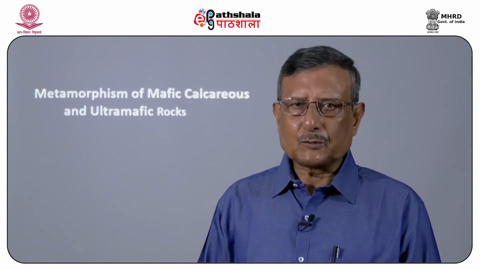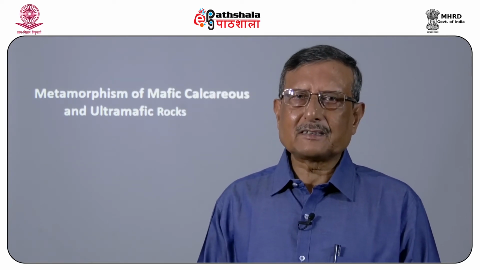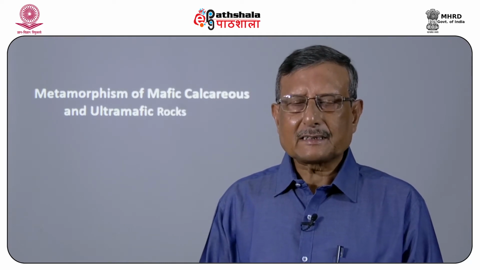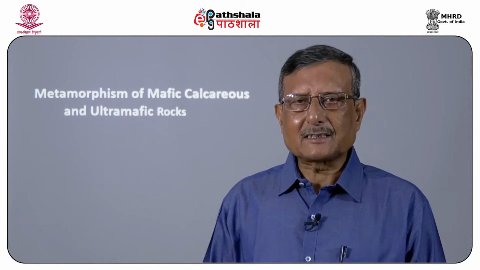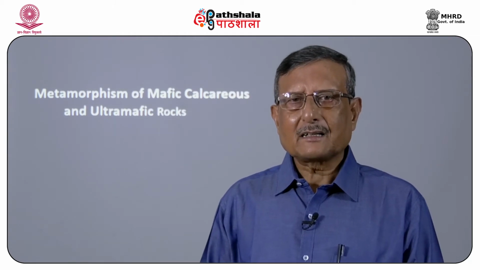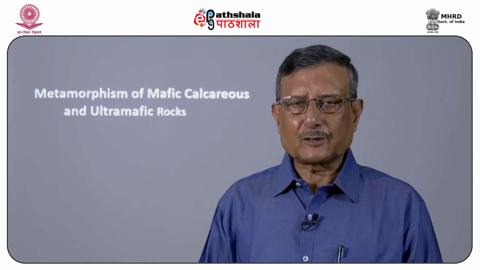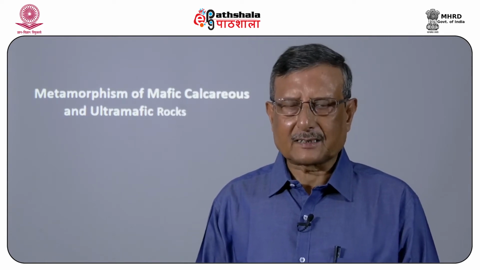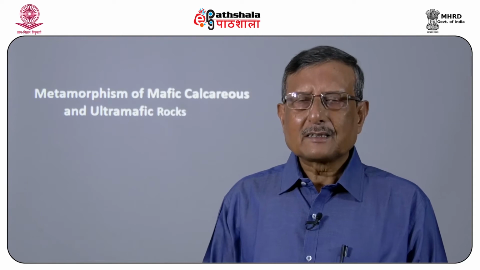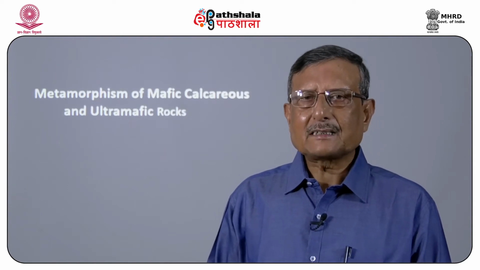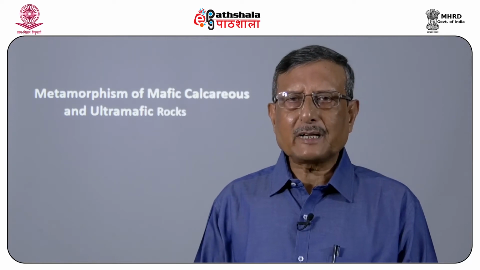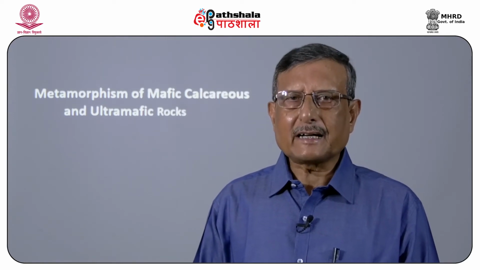If you scan through the list, you will see three very striking features. One is that plagioclase becomes calcic at higher grades of metamorphism, particularly in the amphibolite facies and higher grades. Then you will see that the amphibole is actinolite at lower grades of metamorphism and becomes hornblende at higher grades.